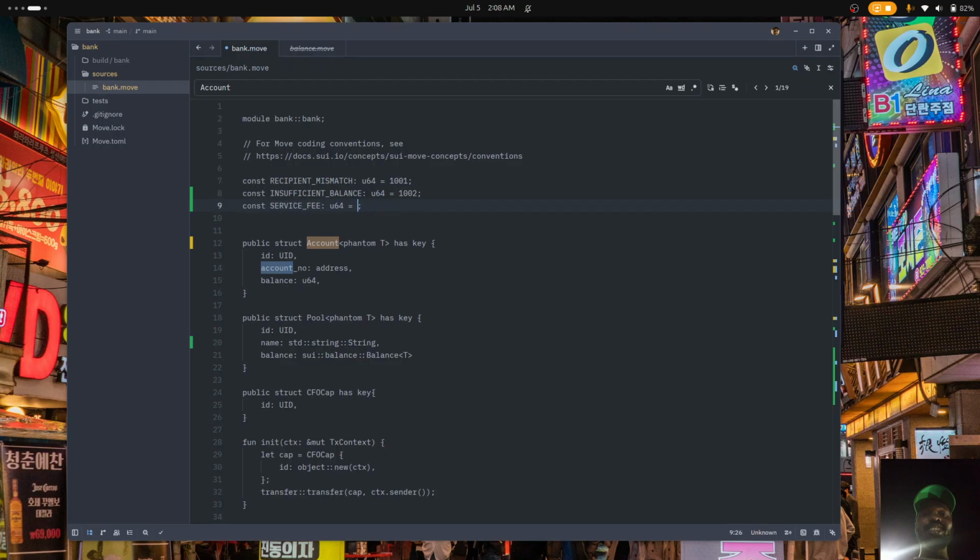So the service fee here, I want to take just one sui. No, that one sui is over, I think 9 decimal place or 6 decimal place. I should remember.